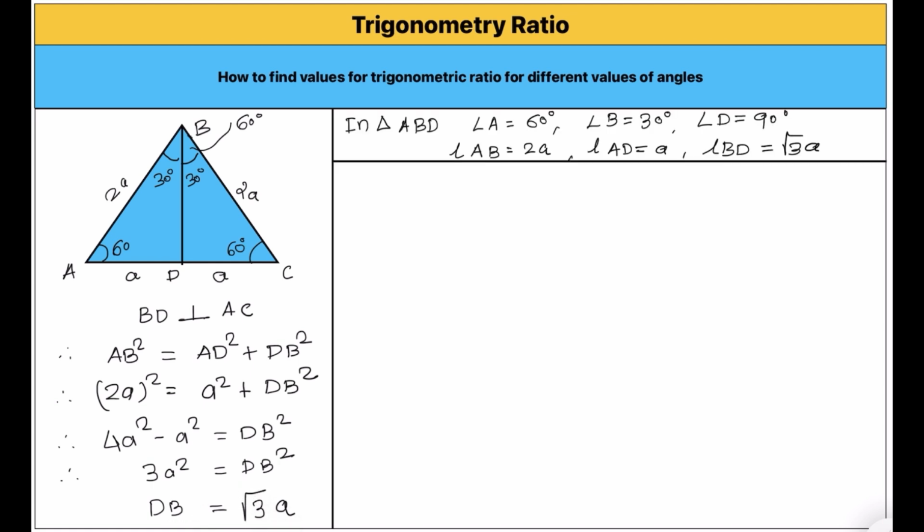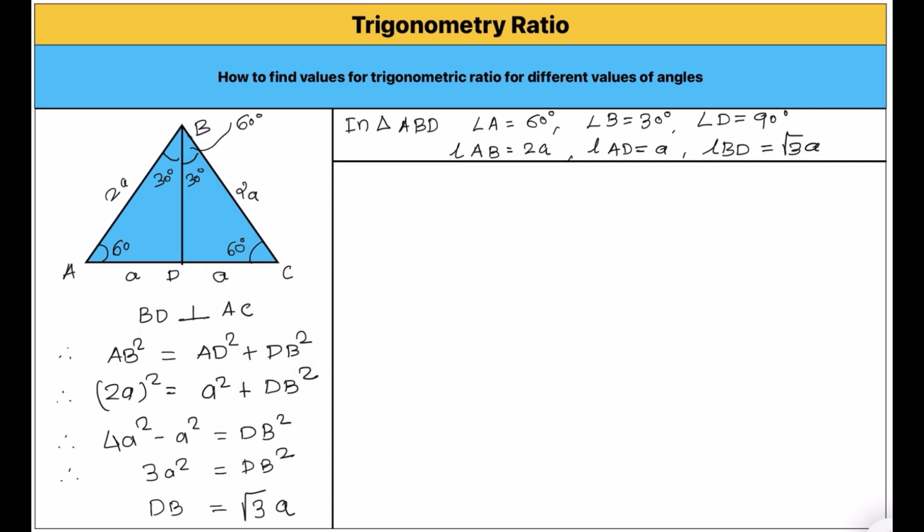Now in triangle ABD, we have angle A 60 degrees, angle B 30 degrees, angle D 90 degrees. Length AB 2A, length AD A, length BD we have found out square root of 3A.